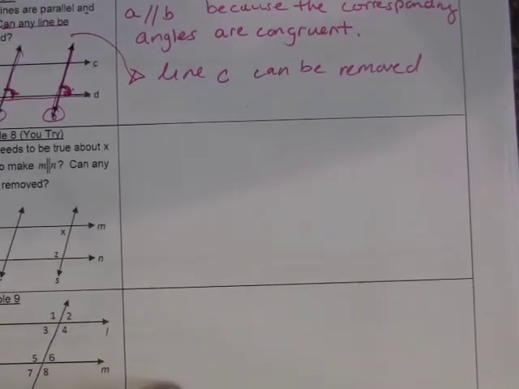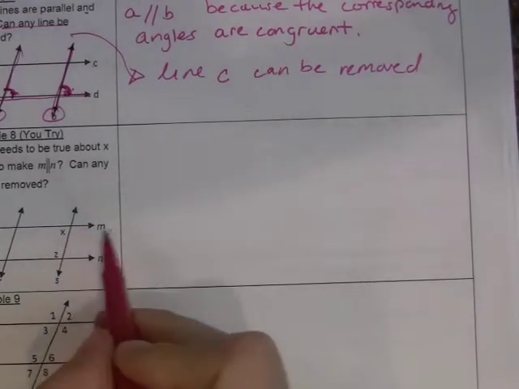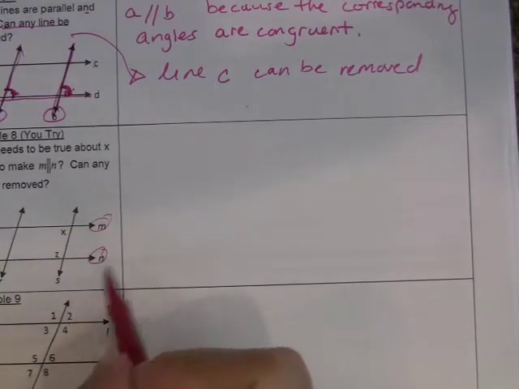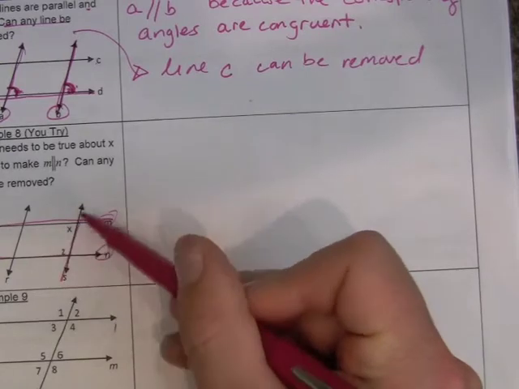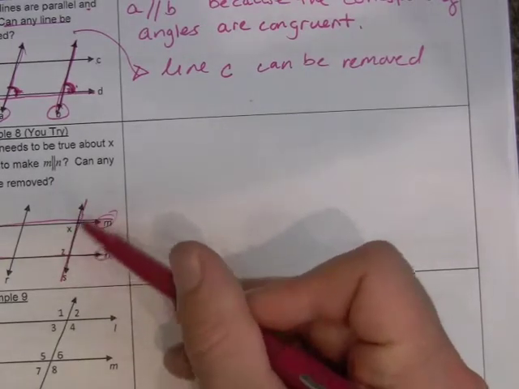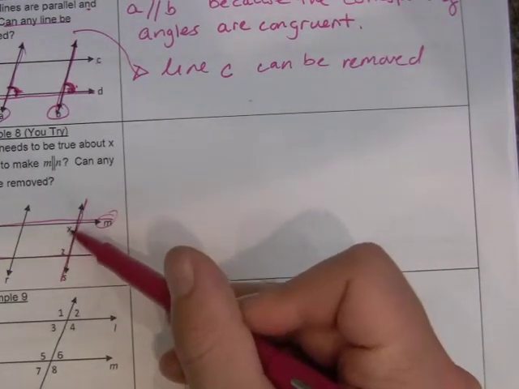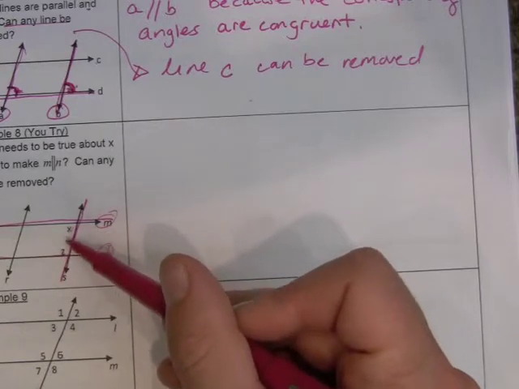Okay, so as we look back at this problem, what needs to be true about x and z to make these lines m and n parallel? Well, if these are the lines we're looking at, and this is the line that intersects both of them, the transversal, x and z would be consecutive interior angles.